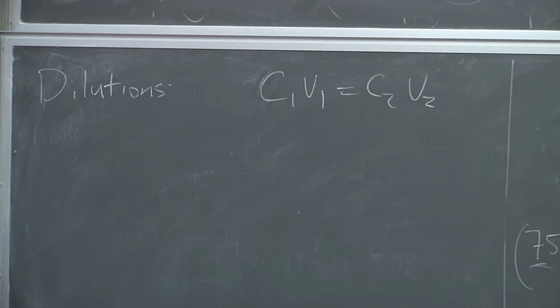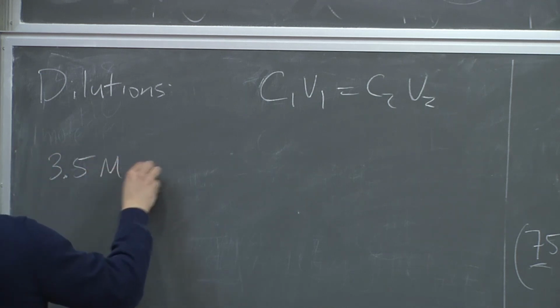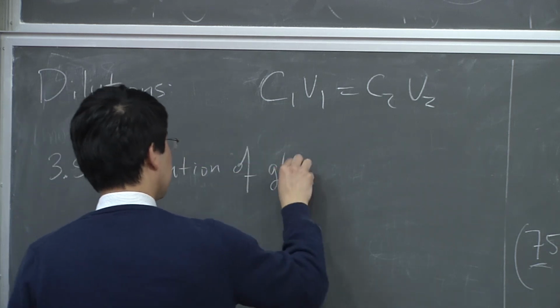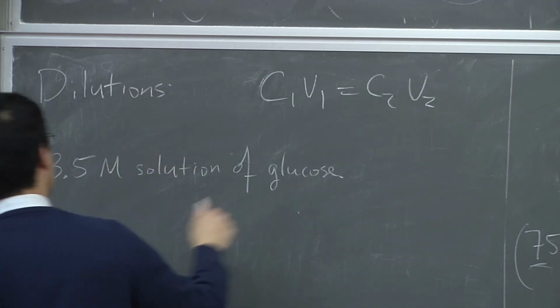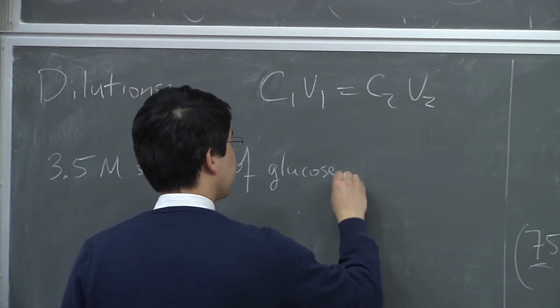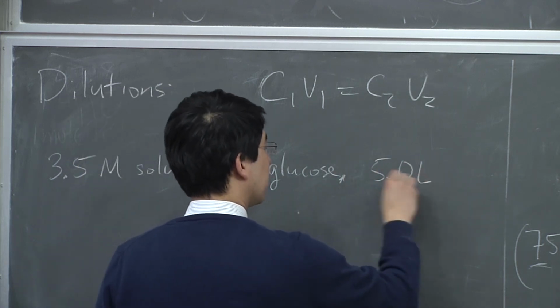Sometimes you'll get a question asked like this: you have a 3.5 molar solution of glucose, and you start with, let's say, 5.0 liters.